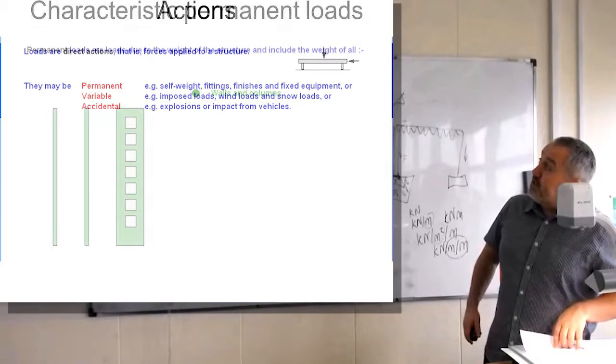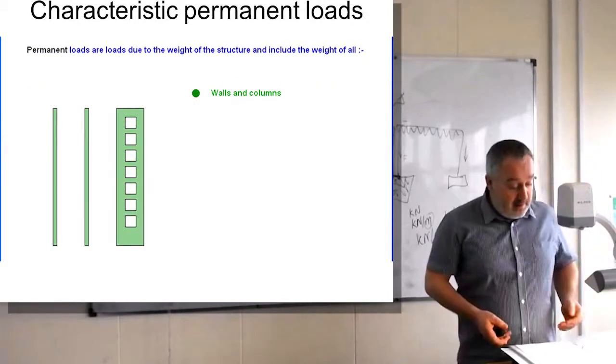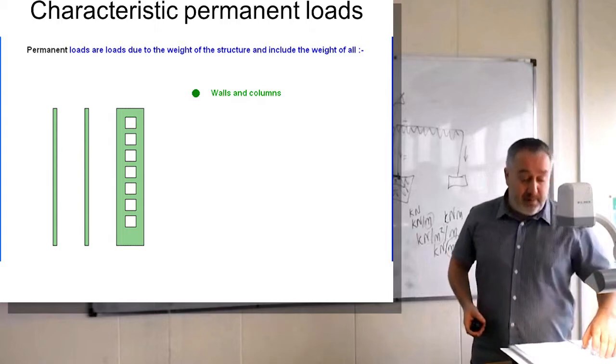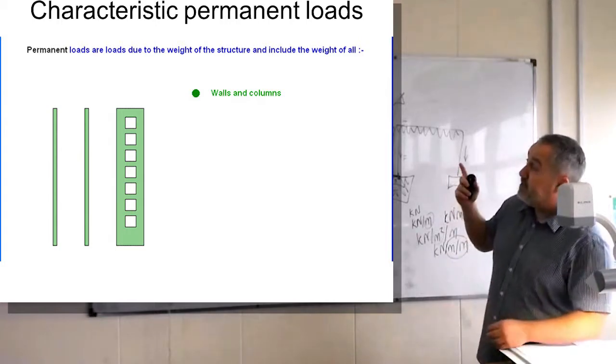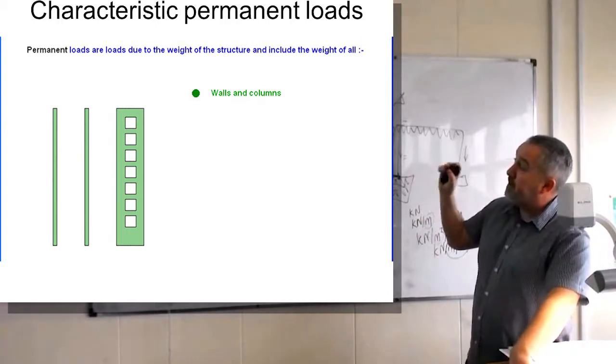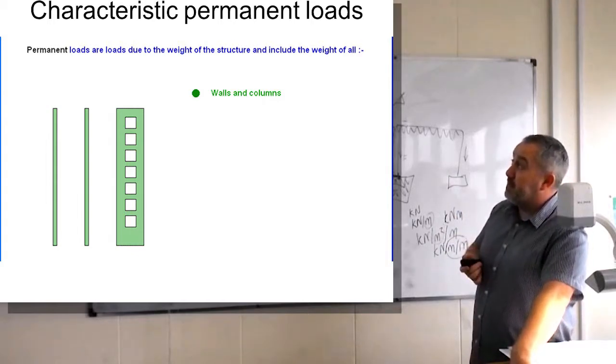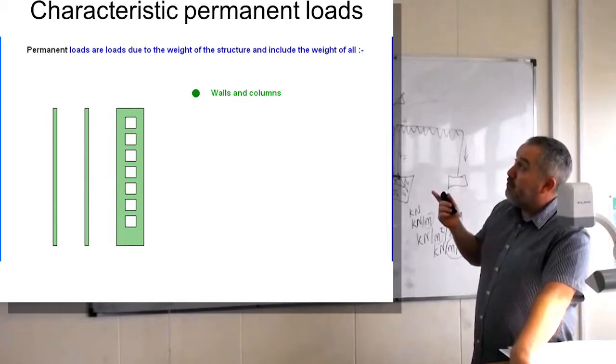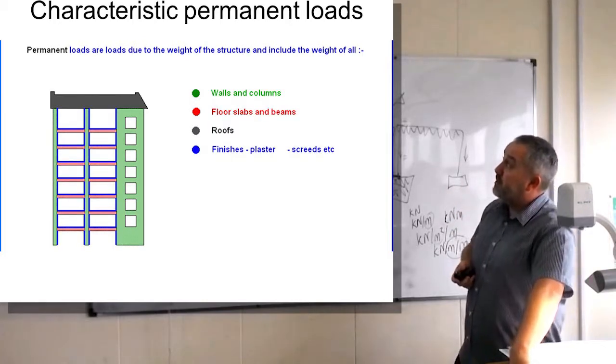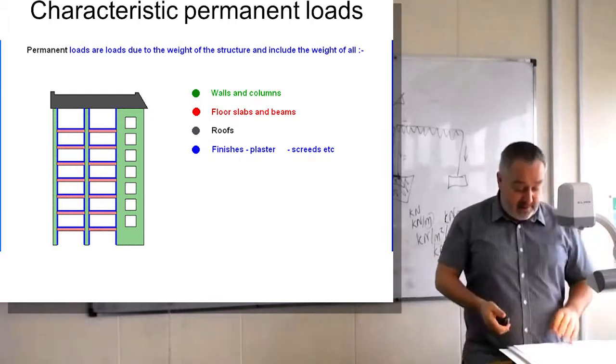You have to consider how these are applied throughout a building. Again, these are just screen pictures from Calcrete software, which also covers some calc, so it's worth having a look at it. But these are our permanent loads, so we've got our walls, floors, beams, roof, everything that's there.